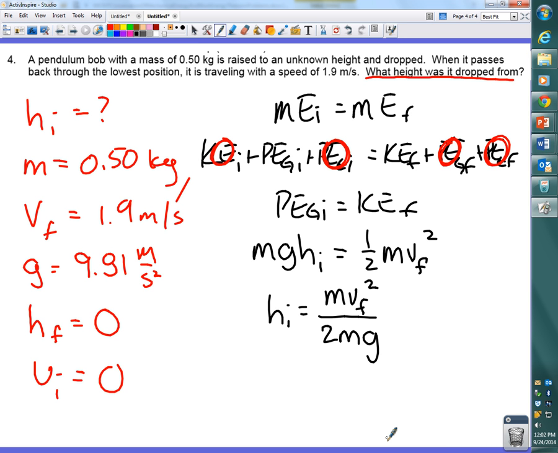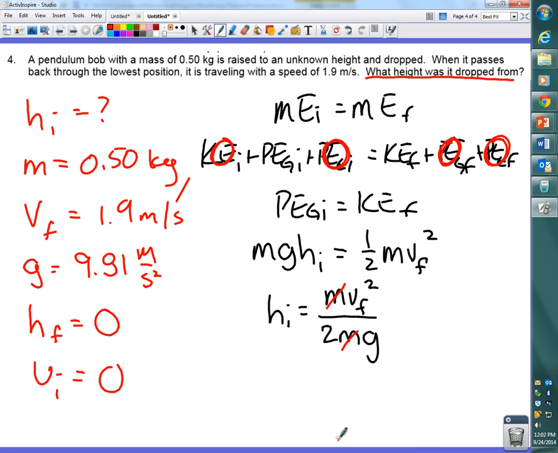Before we plug anything else in, we can also do something here to make our lives a little easier. Mathematically, what can we do to that right-hand side of the equation? Tommy. Cancel m, right? If we have m on the top and m on the bottom, we can just get rid of it. It divides out anyway. Could we plug it into the problem?